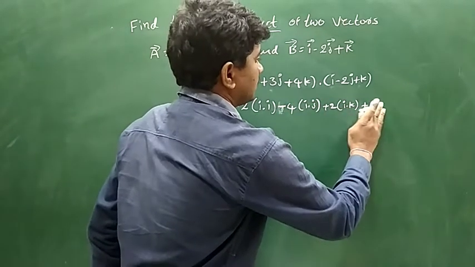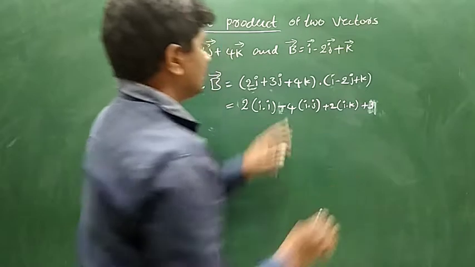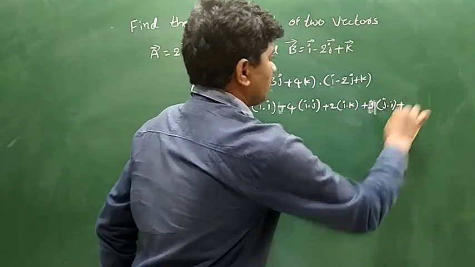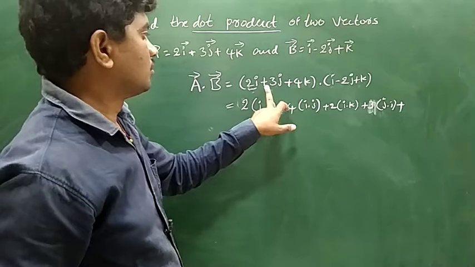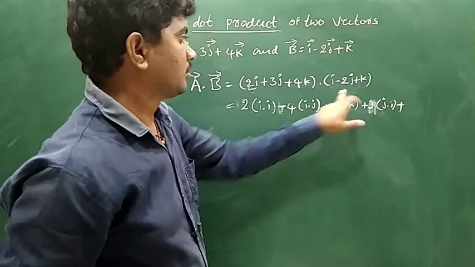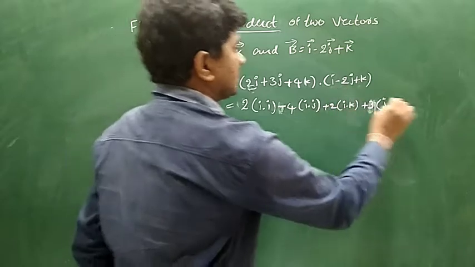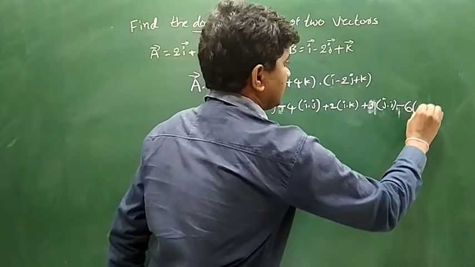Next, 3j into i: j dot i, plus 3 into minus 2, that is minus 6, j dot j.